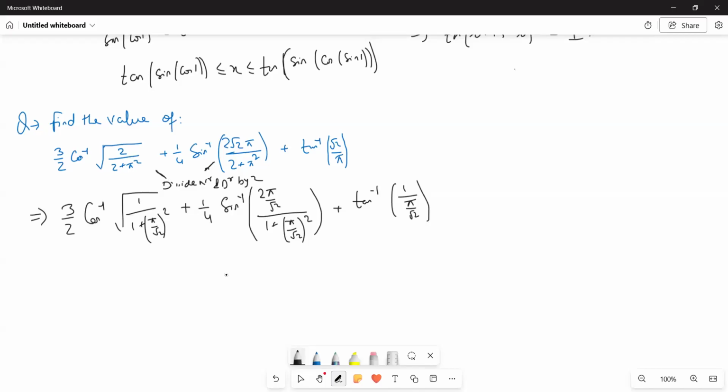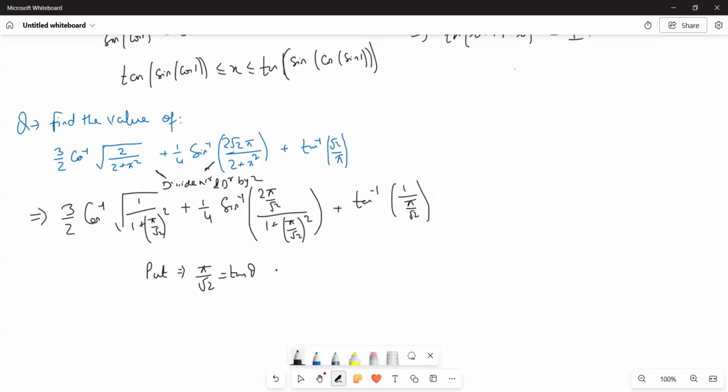And then what we do is, let's say we put pi by root 2 as tan theta.